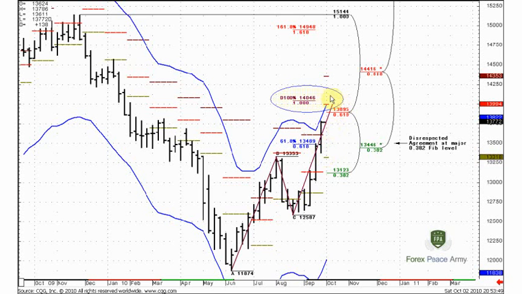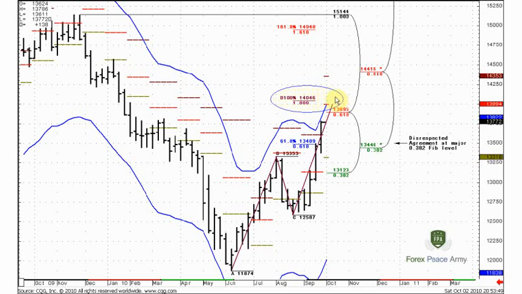Now let's talk about this area of resistance. First of all, as I said, this is the target of this ABCD move, 140.46. Also the small red line is the monthly pivot resistance at 139.94, and 140 is the level of weekly overbought for the coming week. So this is a really strong resistance area. Also there will be a monthly overbought.